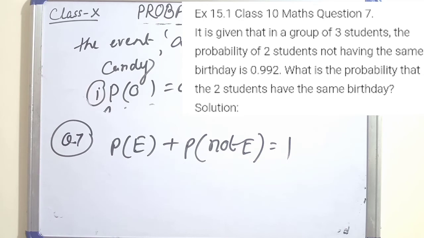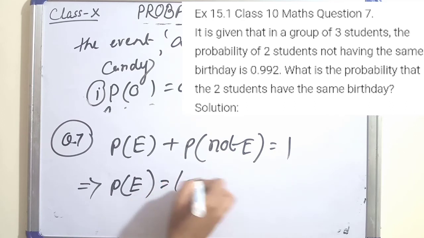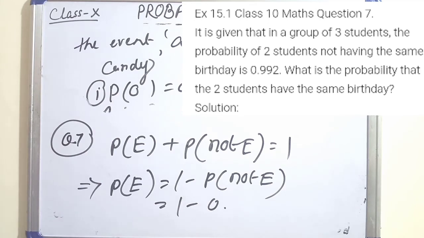Given probability of not E is 0.992, we have to find probability of E. So probability of E is 1 minus 0.992, that means 0.008. That's the answer. Now next question, question number 8.